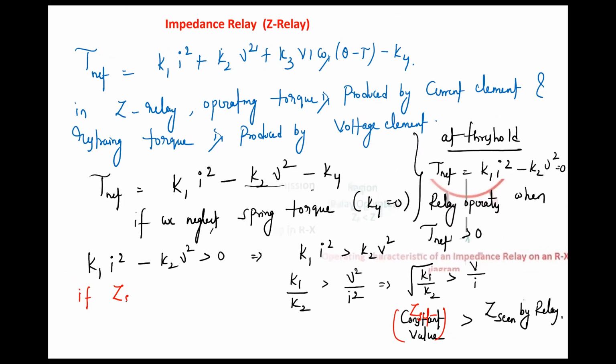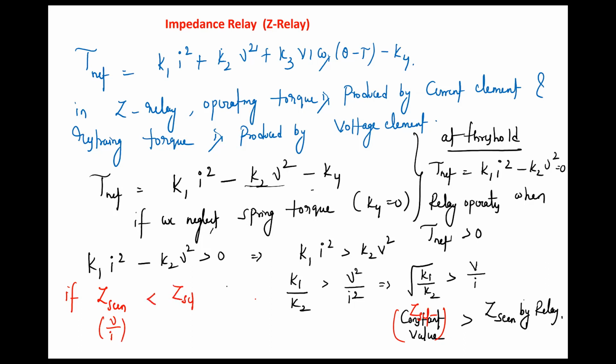So if Z set is greater than the impedance seen by the relay, which is given by the PT secondary voltage by CT secondary current, that is, V by I is less than the Z set value, relay operates. Otherwise, relay will not operate.